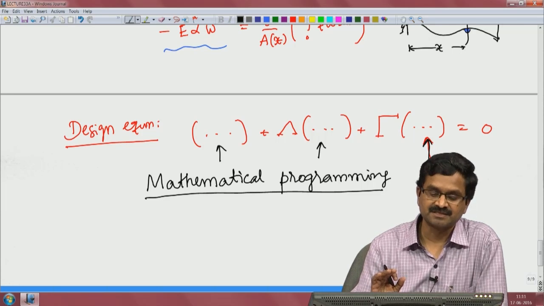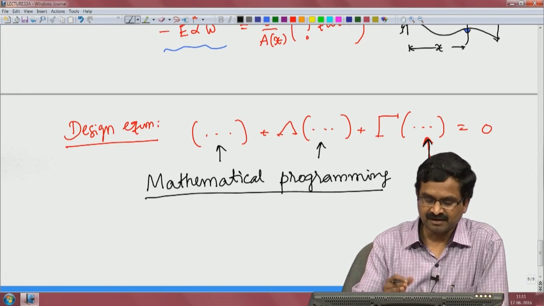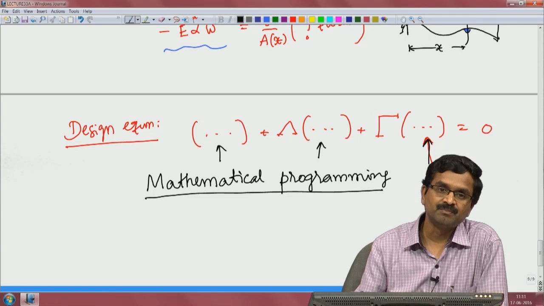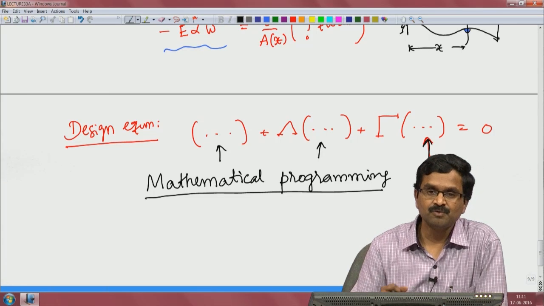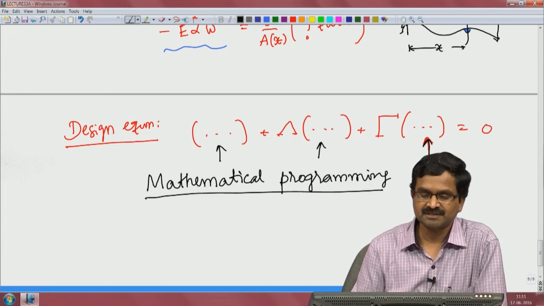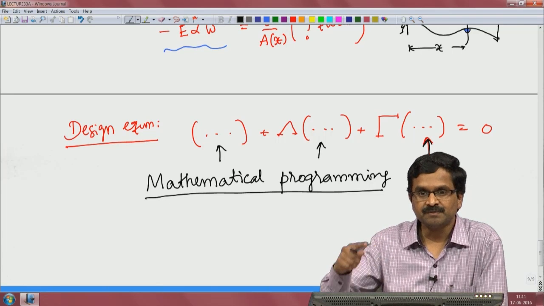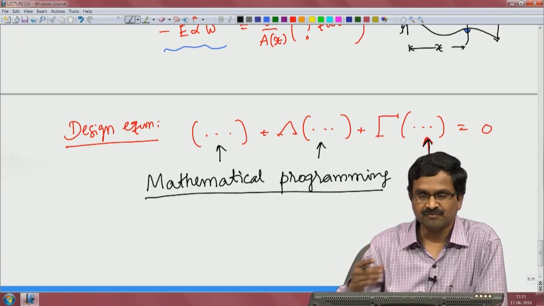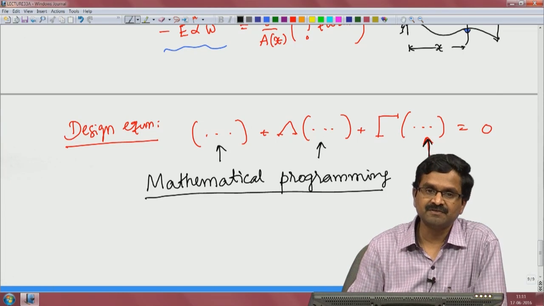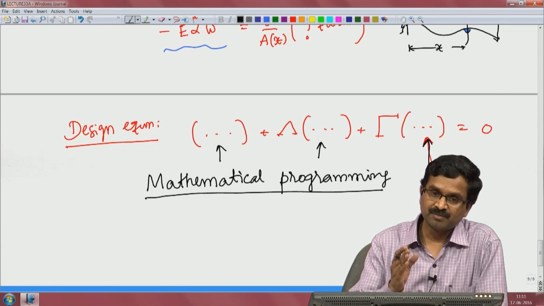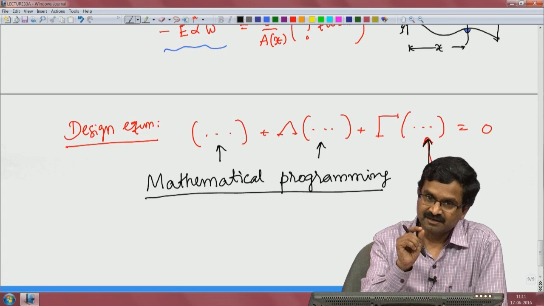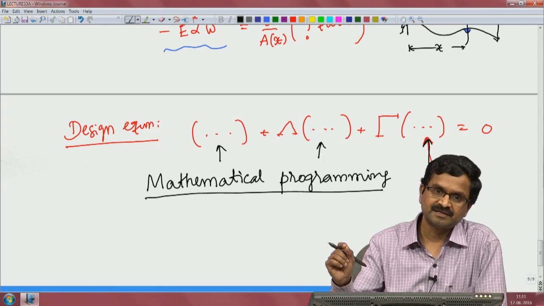You have the gradients. When you have gradients, algorithms will be happy because they do not have to compute them using finite differences, which will be time consuming, because you have to perturb each variable at a time and do repeated finite element analysis. If you have, let us say, 100 design variables, you have to perturb 100 times: delta A1, delta A2, delta A3 and so forth.